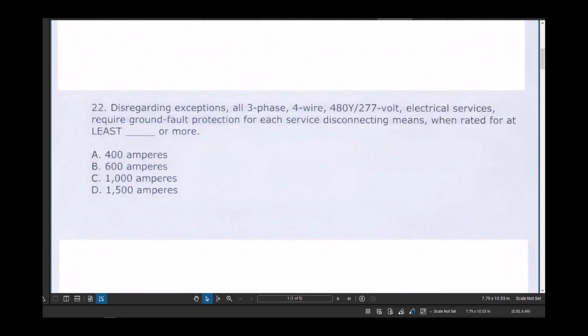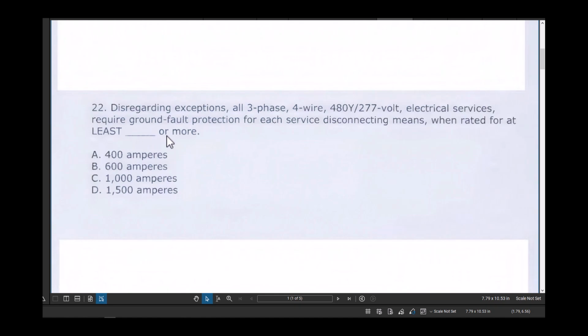Question 22. Disregarding exceptions, all three-phase 4-wire 480Y/277 volt electrical services require ground fault protection for each service disconnecting means when rated for at least A, 400 amps, B, 600 amps, C, 1000 amps, D, 1500 amps or more.